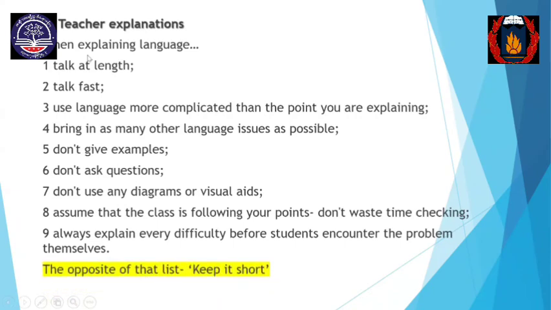the opposite of this list is keep it short. When we explain the language item, we have to keep it short and simple, and it needs to be a clear version. So we shouldn't give longer explanations, and we shouldn't talk at length.